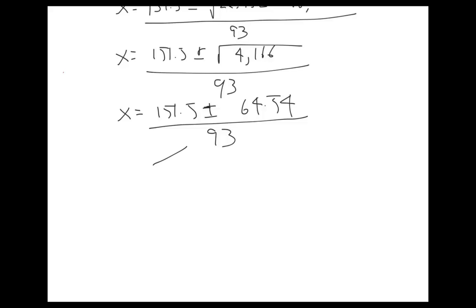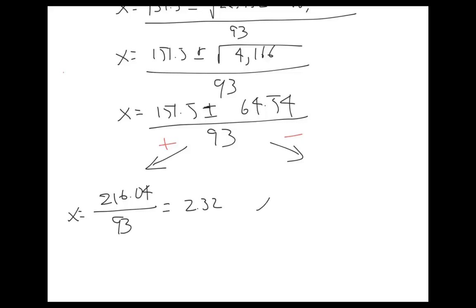Now let's do the two possibilities, one by adding and the other one by subtraction. So if we add 151.5 plus 64.54, this will be equal to 216.04 divided by 93, and this will be equal to 2.32, and this will be one x.